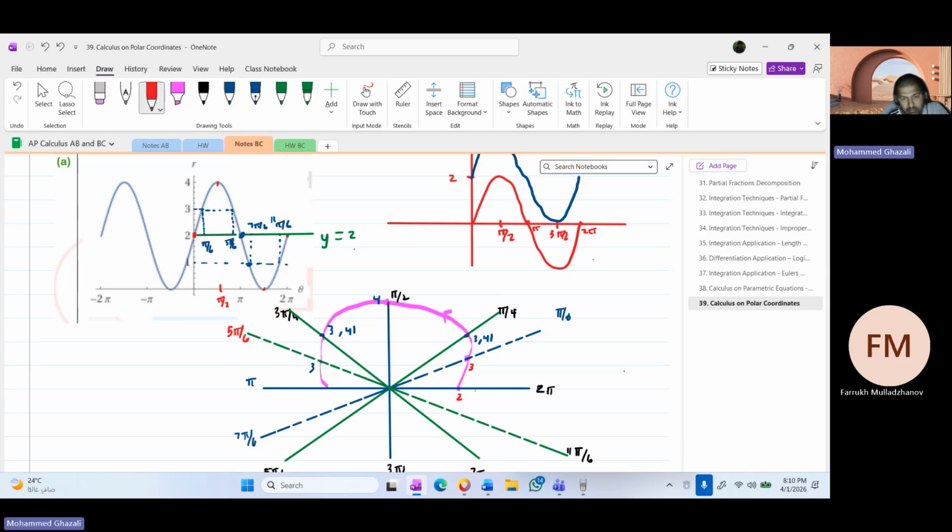When the value is 7 pi by 6, it becomes 1. So it's kind of like curling in. It goes to 1. And then at 3 pi by 2, it is 0.